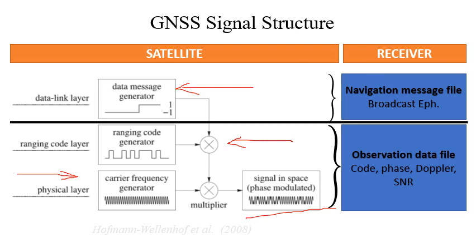There are some other options, for example, Doppler and signal to noise ratio can also be stored, but we concentrate on code and phase here. The third RINEX file is the meteorological one. We will not deal with it within this lecture, but please at least have heard the name of the meteorological file.